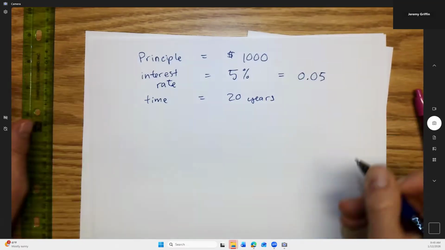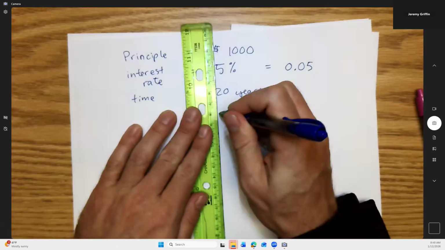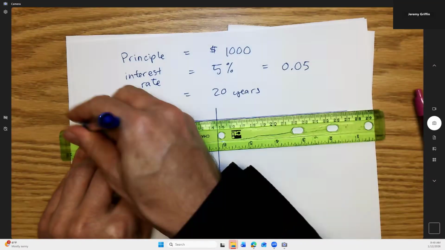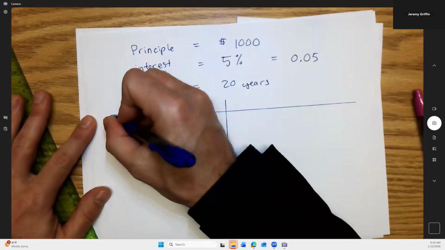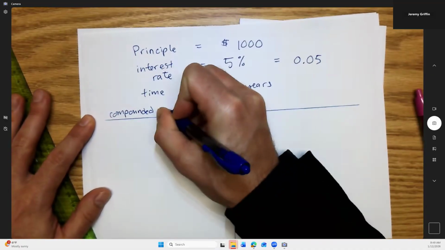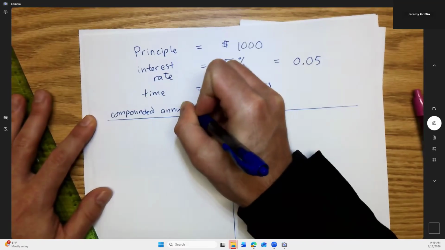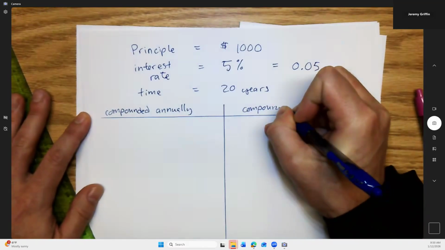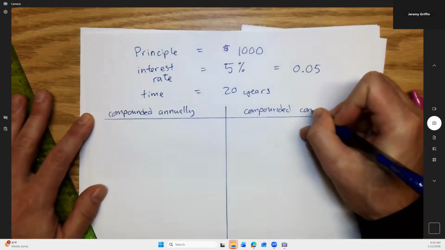Now, if you compound this annually versus continuously, you actually get different results. So let's look. Compounded annually, or compounded continuously.